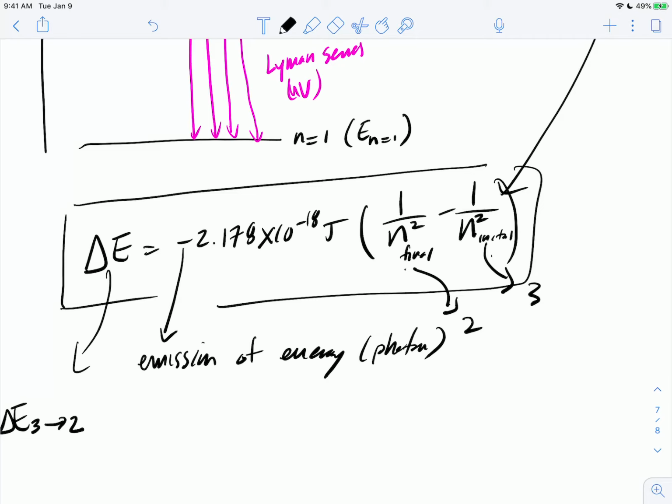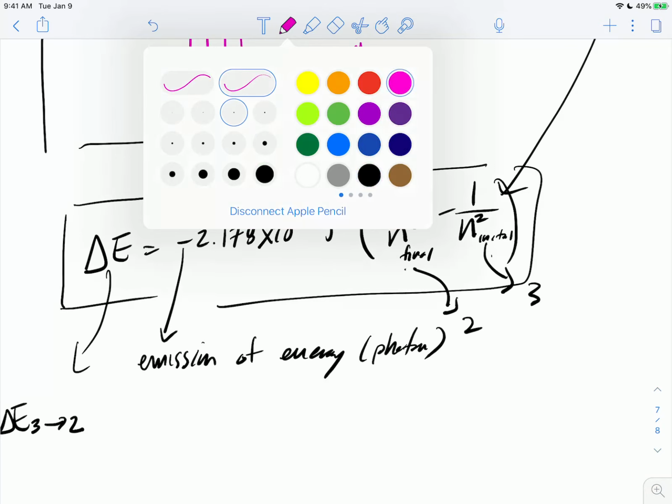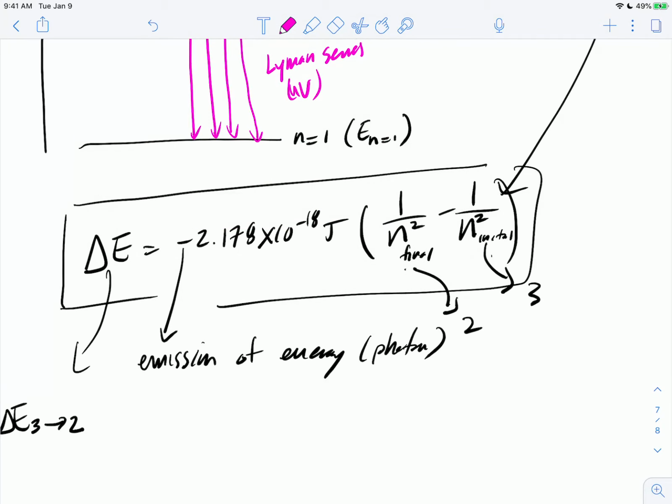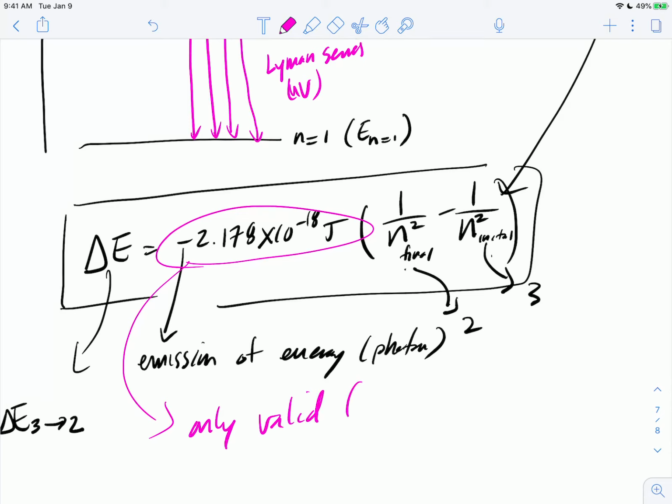So a key caveat here is that this experimental value, the Rydberg equation, is only valid for the hydrogen atom, or more specifically, one-electron atoms.